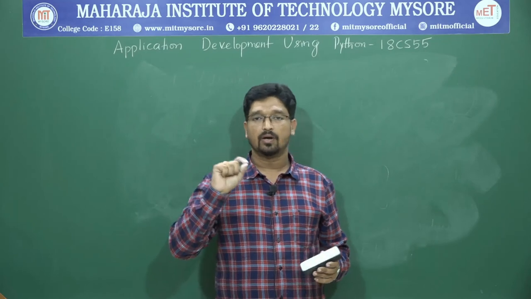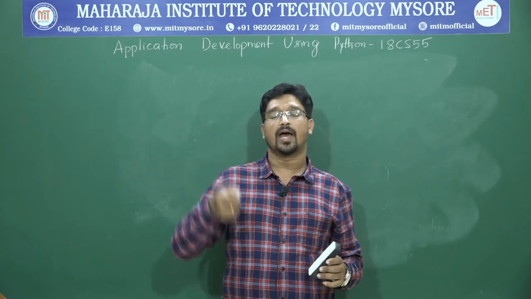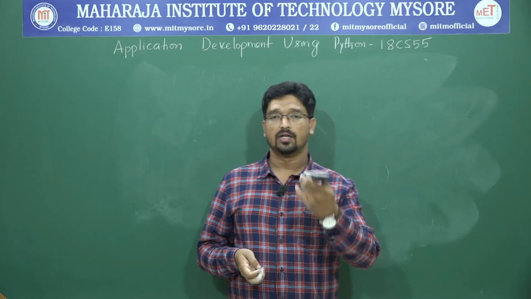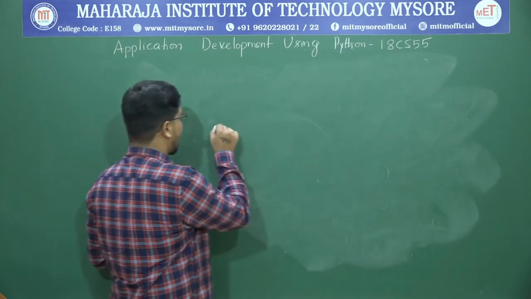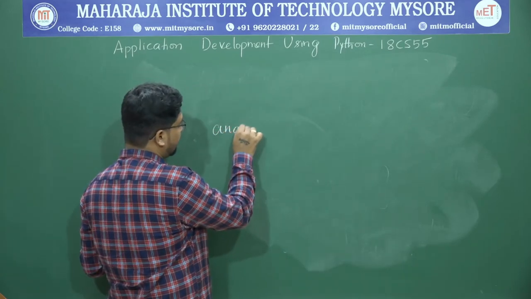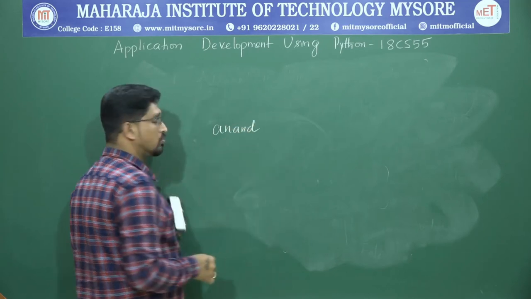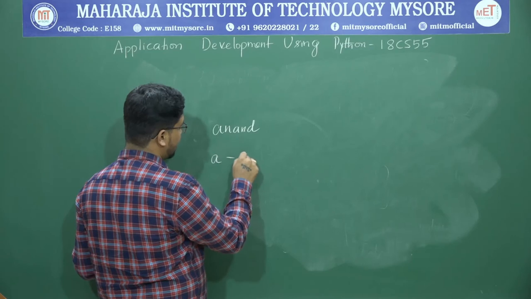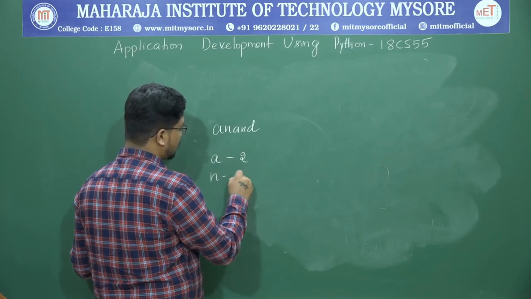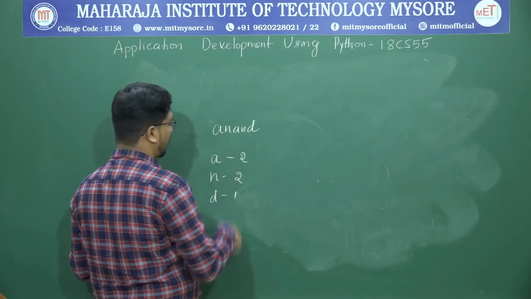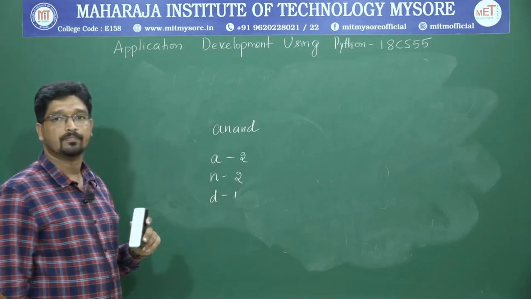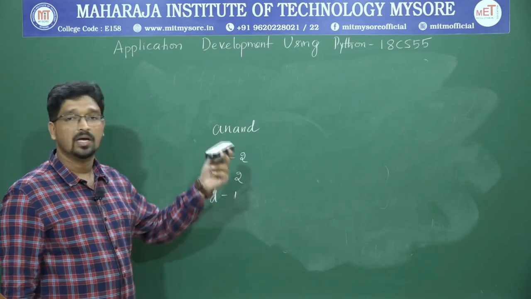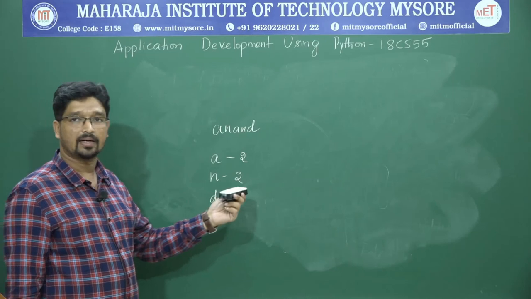Histogram is nothing but the frequency of each character. If you consider a simple name, let us say Anand, and I give the input Anand to my program, then it should display how many times each character occurs. A is 2 times, N is 2 times, D is 1 time, like this. So this can be called a histogram of characters.